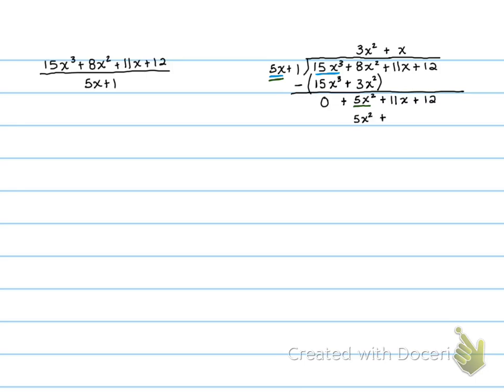X times 1 is 1x, which you can just write as x. But if you're more comfortable actually seeing that number to do your subtraction, then go ahead and write it. Make sure you have those parentheses. That's what helps us distribute that subtraction. So we have 11x minus 1x is 10x, and then plus 12.